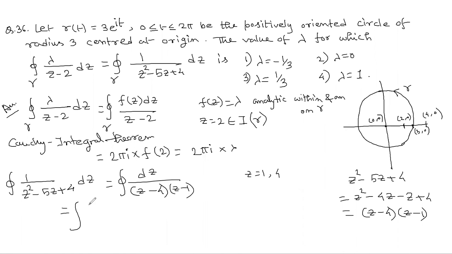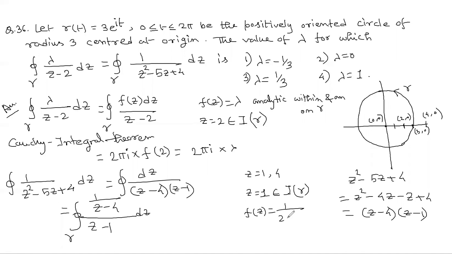So here our function f(z) is 1 by z minus 4, and 1 is a point. So z equal to 1 belongs to the interior of gamma. So I can write this as integral over gamma f(z) by z minus z0. So here our f(z) is 1 by z minus 4, which is analytic within and on gamma.